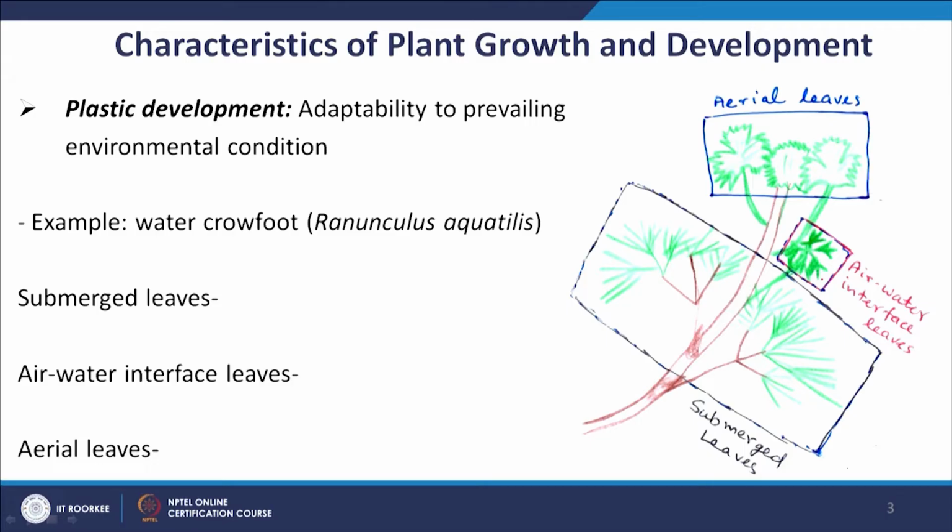That is why this plant makes three types of leaves. The submerged leaves have a very different morphology, structure and function. The leaves at the interface of air and water have a morphology very different from those, and the aerial leaves are totally different. So, this is one example where developmental programs are changed depending on the surrounding environment in which the development is happening.